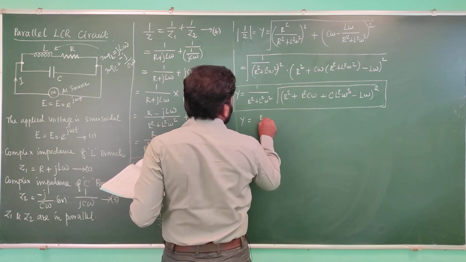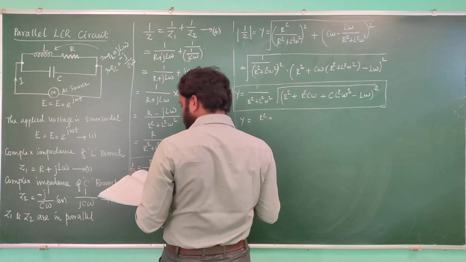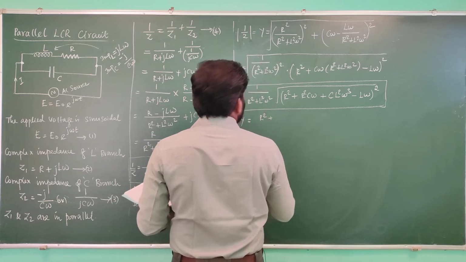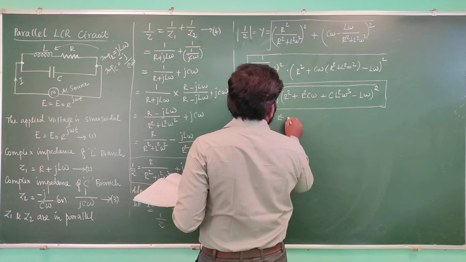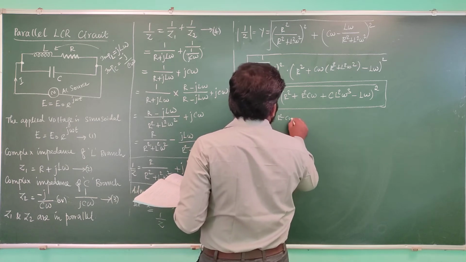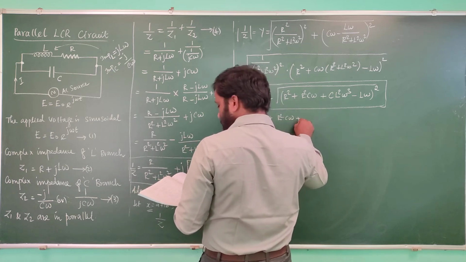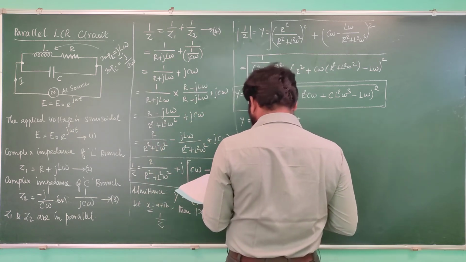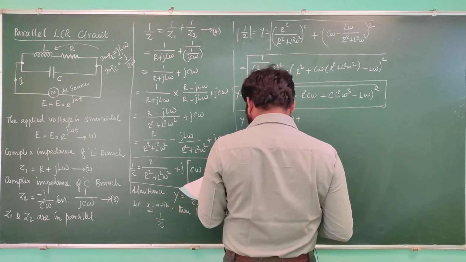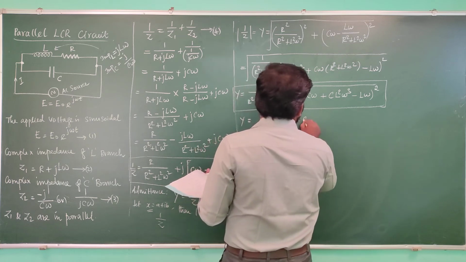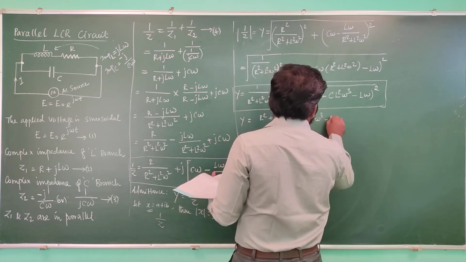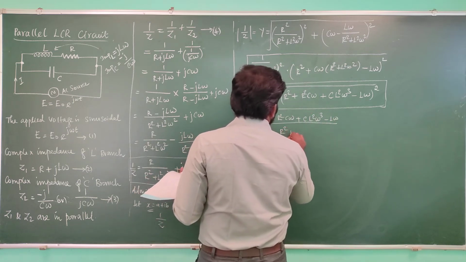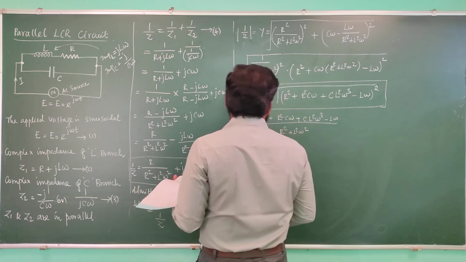We can write R square plus R square C omega plus C L square omega cube minus L omega, divided by R square plus L square omega square.